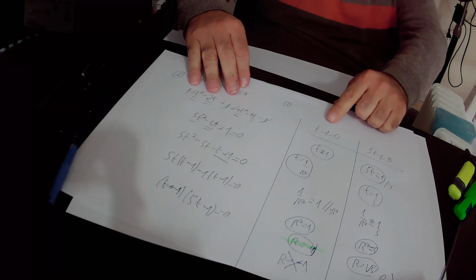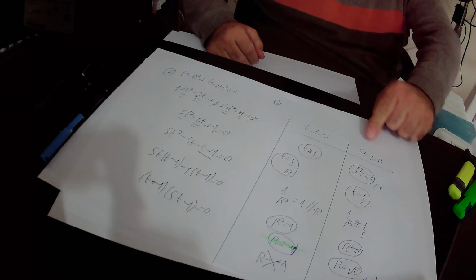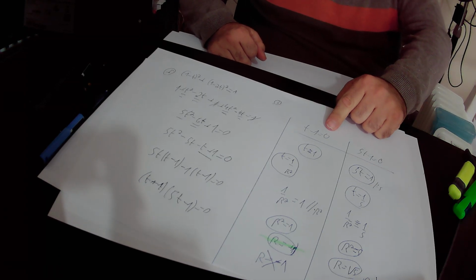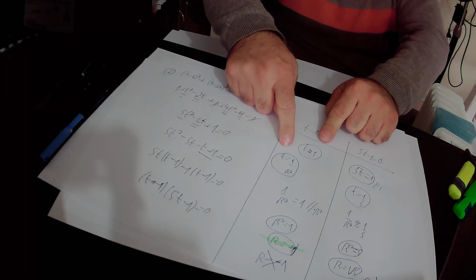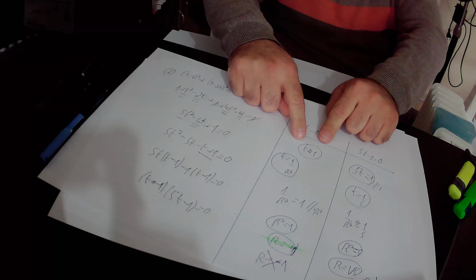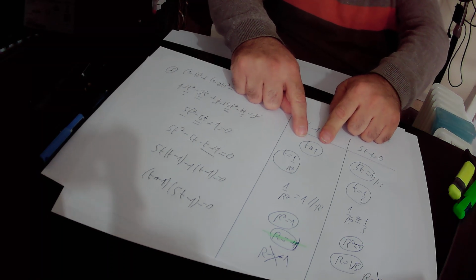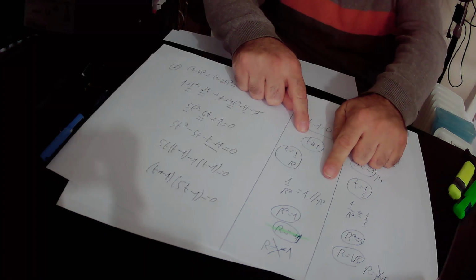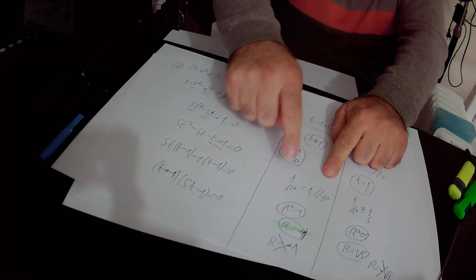Repeat again, either t minus 1 equals 0 or 5t minus 1 equals 0. t minus 1 equals 0, so t equals 1. And according to our definition, t equals 1 over r squared. Therefore, 1 over r squared is 1. We multiplied this equation by r squared, and we found out that r squared equals 1.